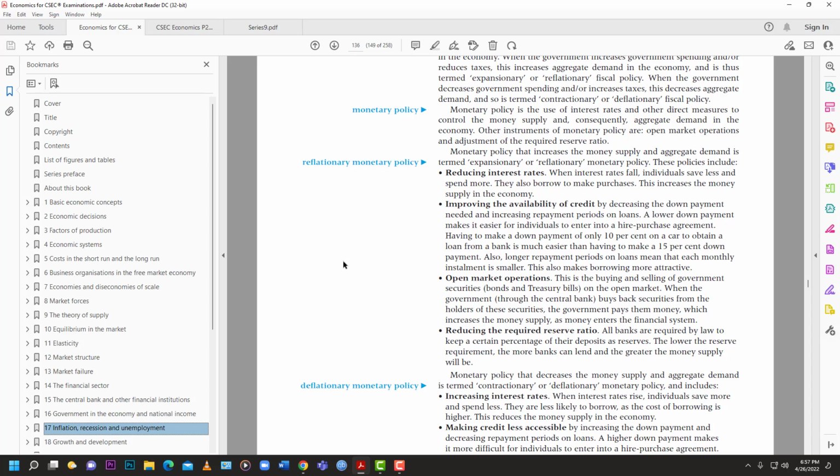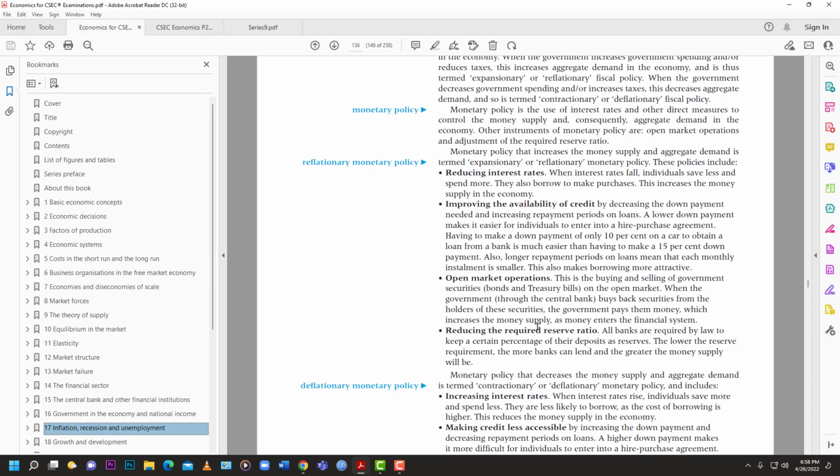And then in the textbook they have here, improving the availability of credit. What they're saying here is that the central bank, the government, can find ways to improve the availability of credit within the economy, by decreasing the down payment needed and increasing repayment periods of loans.